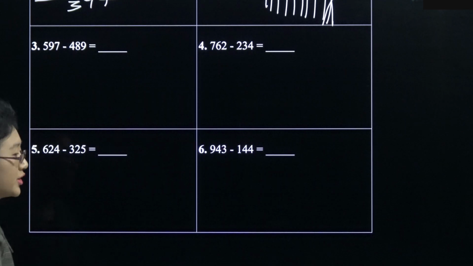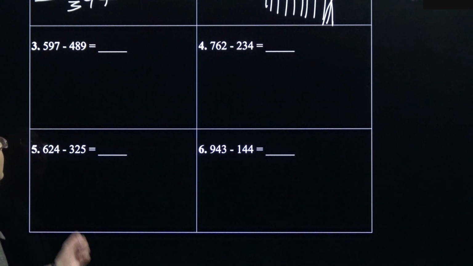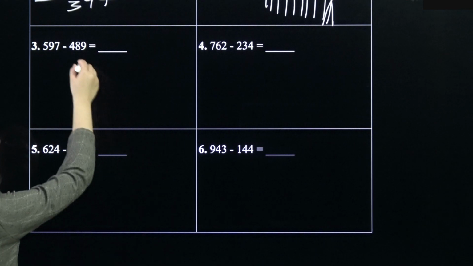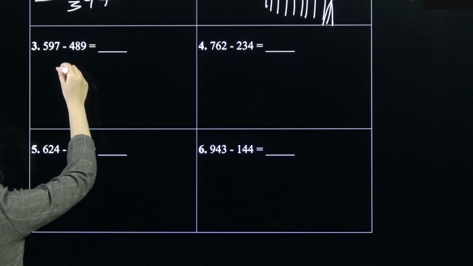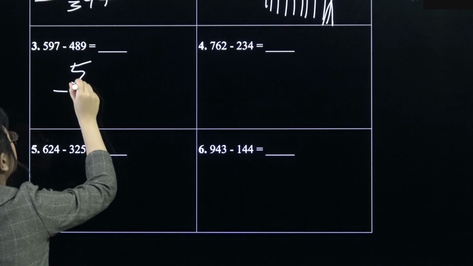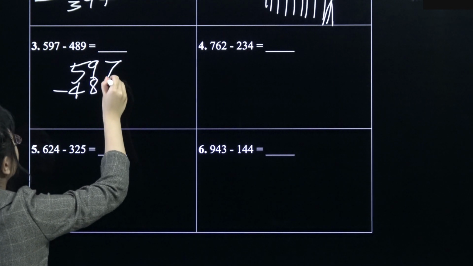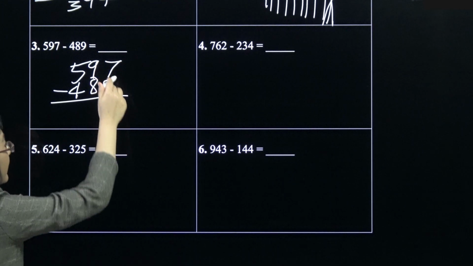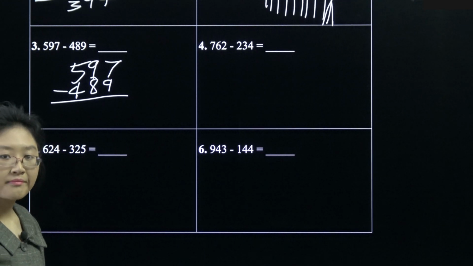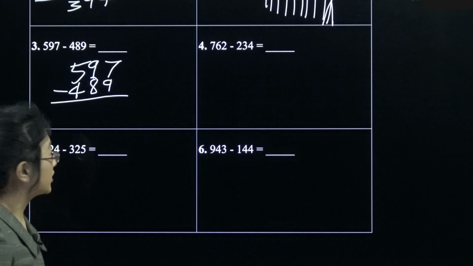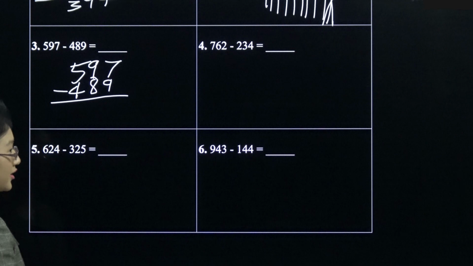Now, 597 minus 489. Huh, okay. We don't actually have to regroup hundreds for this. And then 7 minus 9. That doesn't work, obviously, because 9 is bigger than 7.